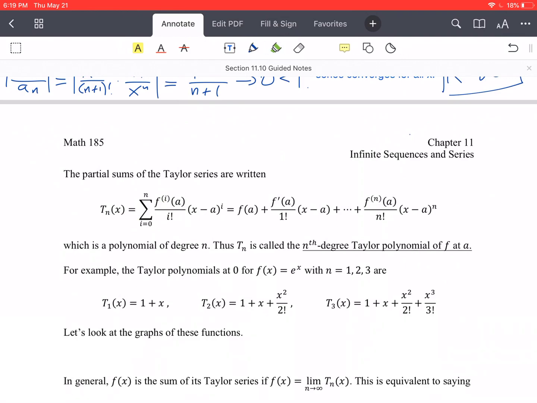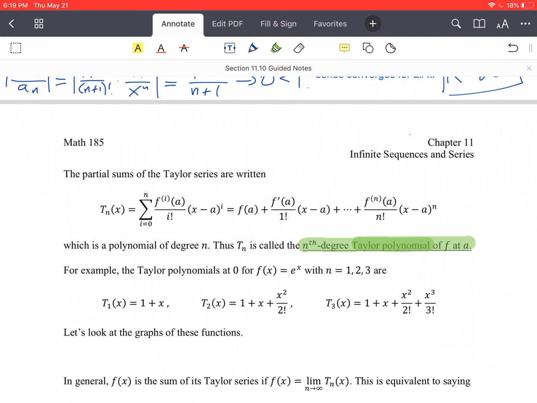Okay, so we write out that expansion, and this is a polynomial of degree n. So we call T sub n the nth degree Taylor polynomial of f at a. Emphasis on Taylor polynomial. When we talk about the Taylor polynomial, we're talking about not the entire series, but just one finite piece of it up until n, whatever n may be, right? 1, 2, 3, 4, however many.